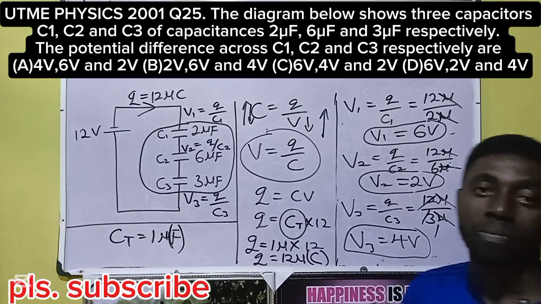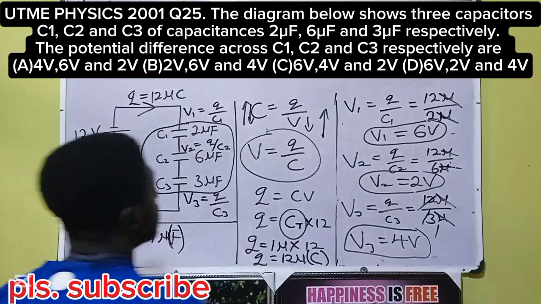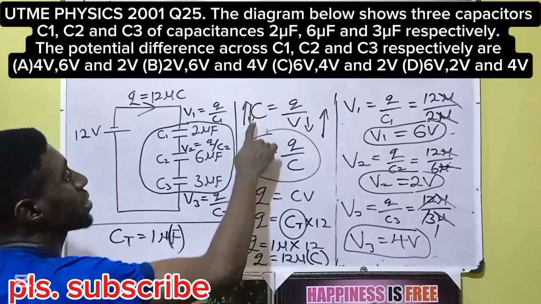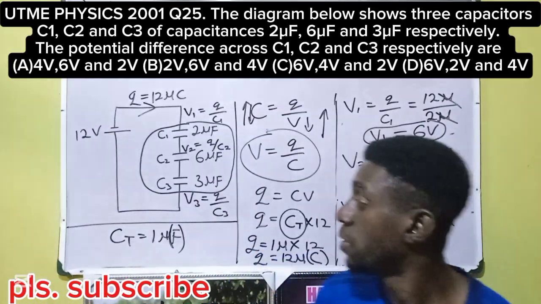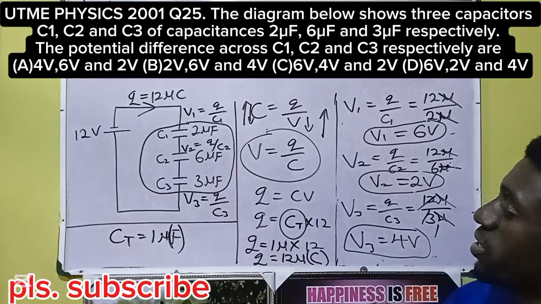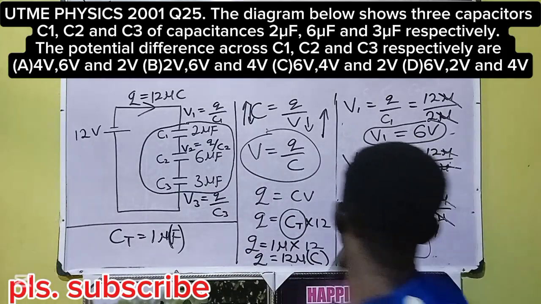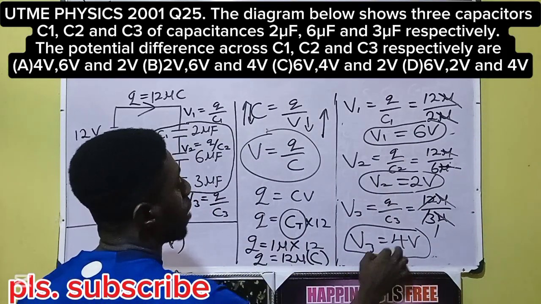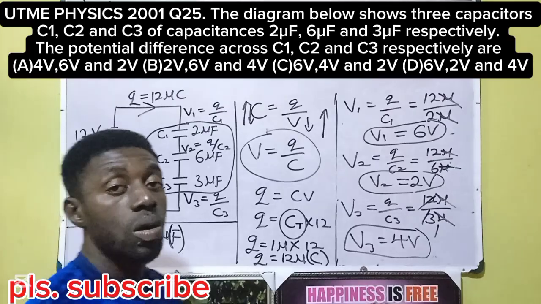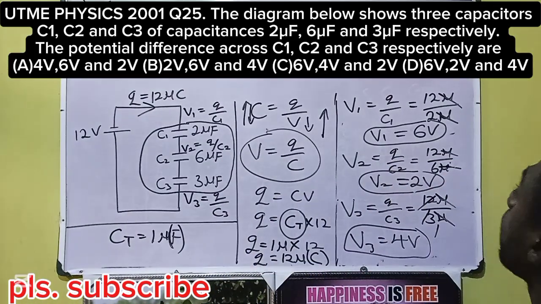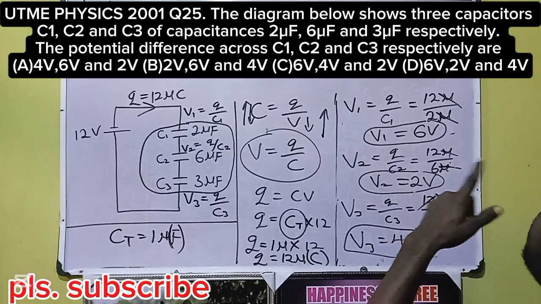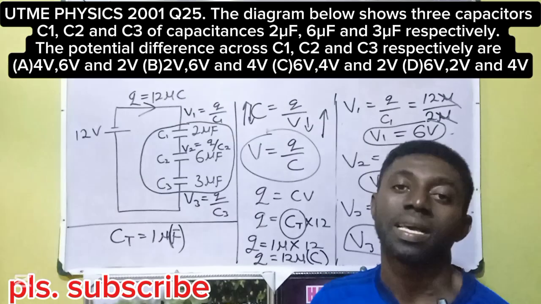The one in between is 4 volts. That is what we explained at the starting, that capacitance and voltage are inversely proportional. Then we can now see that the individual voltages are 6 volts, 2 volts, and 4 volts. Going back to the options, we have option D as the best option.